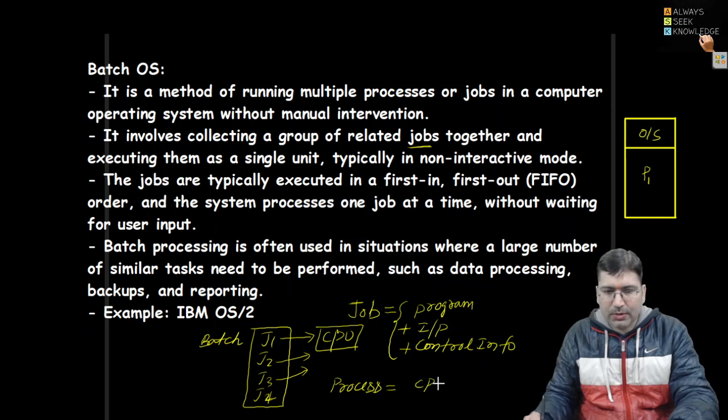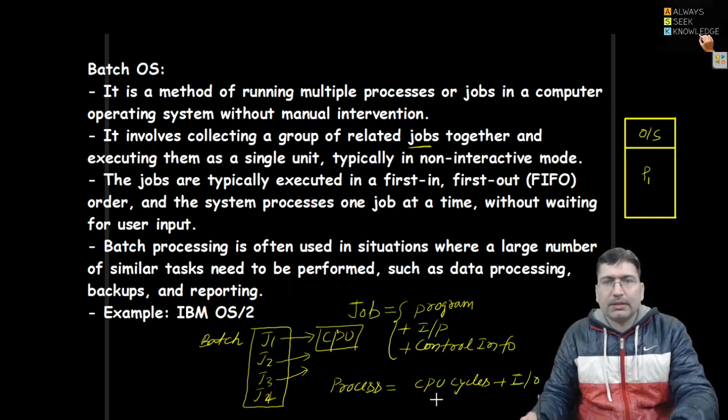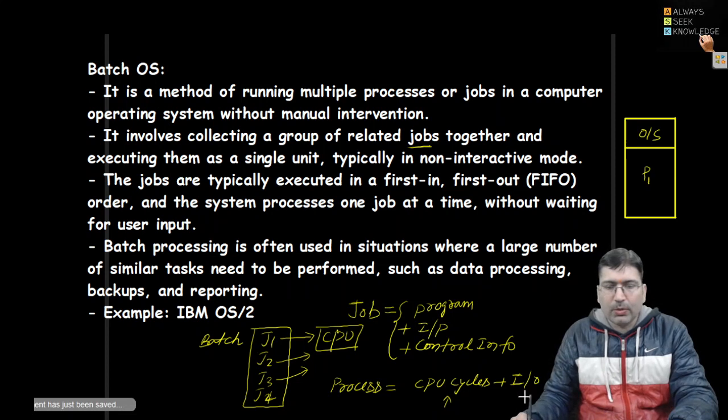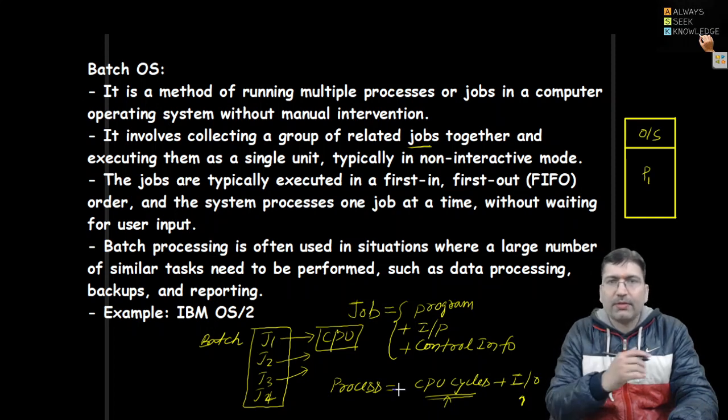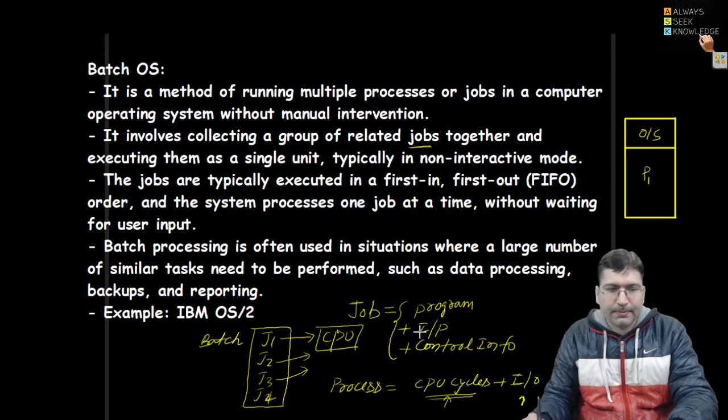It requires CPU cycles plus it requires IO, input output. When one process is executing and consuming CPU cycles, the CPU is busy producing the output. But when the process goes for IO, the CPU becomes idle and it reduces the efficiency of the operating system.